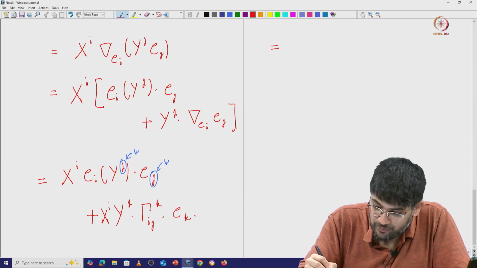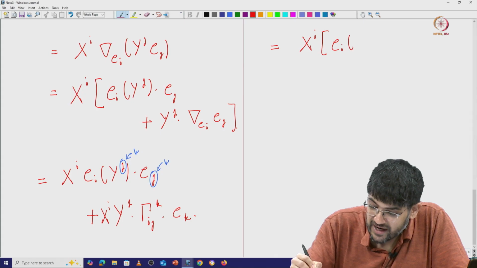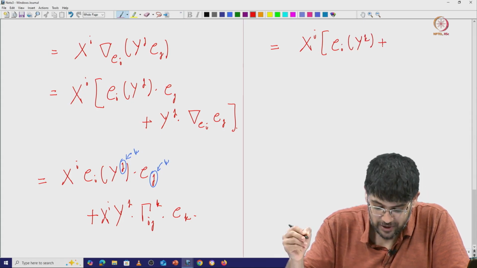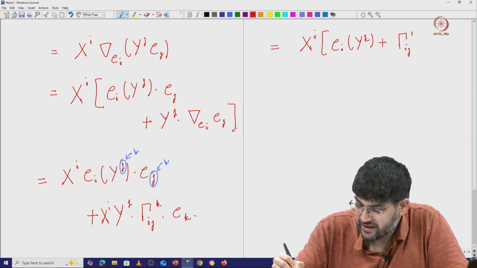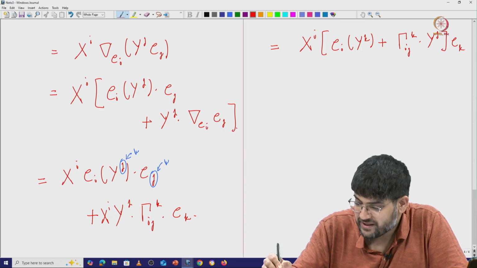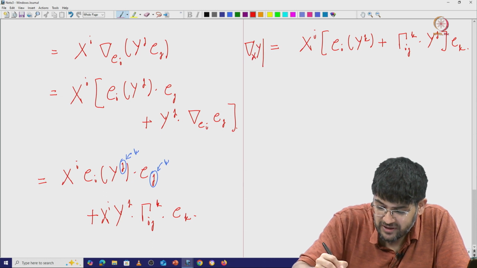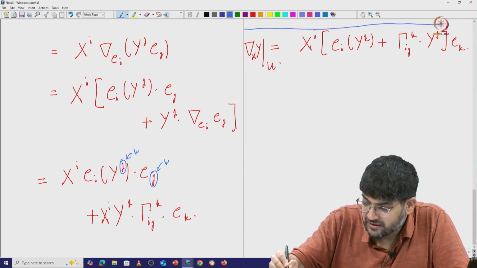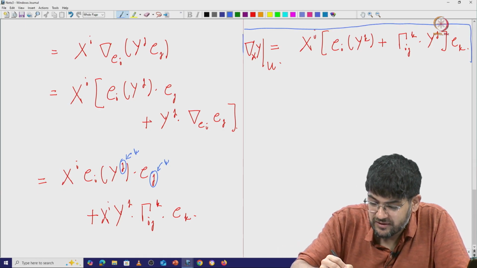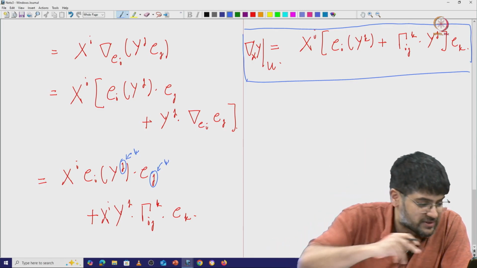So this will now be Xi times (EI Yk plus gamma Ij k times Yj) whole times Ek. Okay, so we have the following local formula for the connection on this open set U in terms of a local frame and these Christoffel symbols.